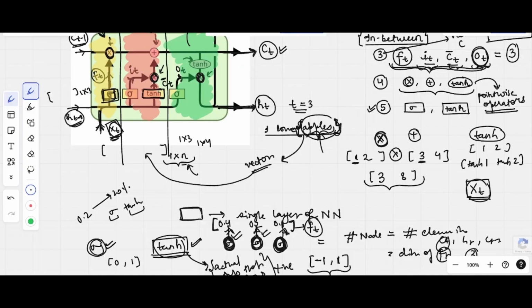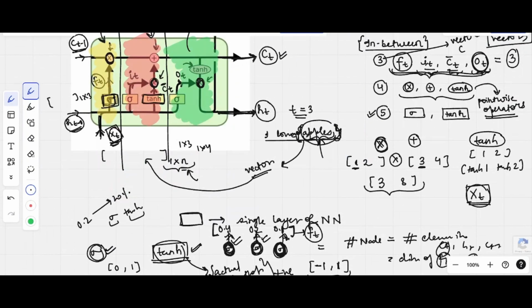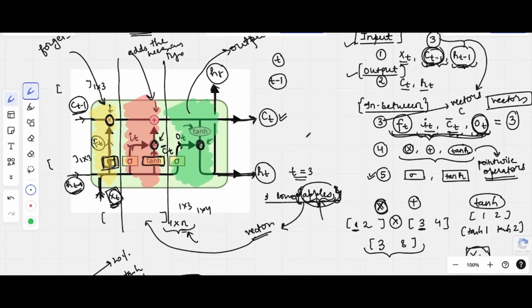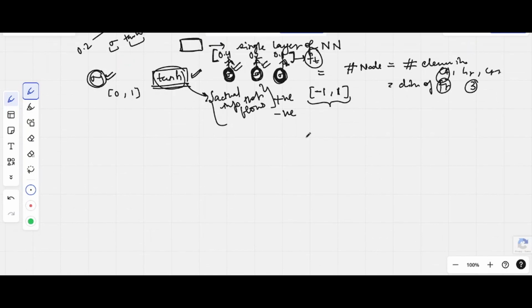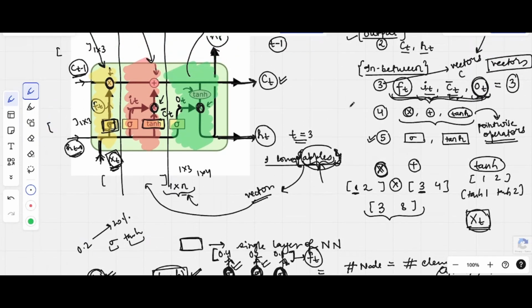So now let's start with our first gate, and that is the input gate, I mean the forget gate, sorry. If in one line I tell you what exactly the forget gate does, it controls what information is removed from our memory cell. Let me create a rough architecture of what exactly is happening in the forget gate.